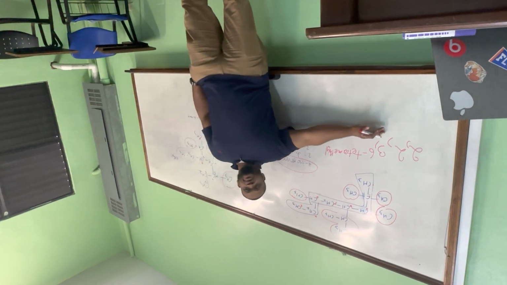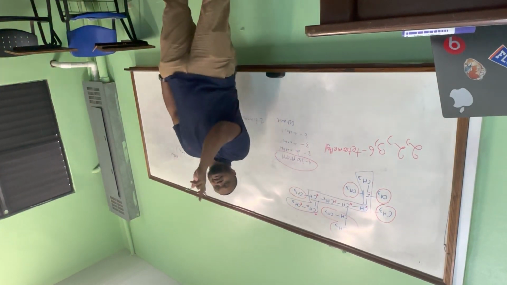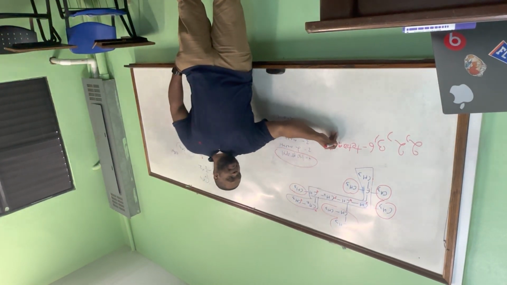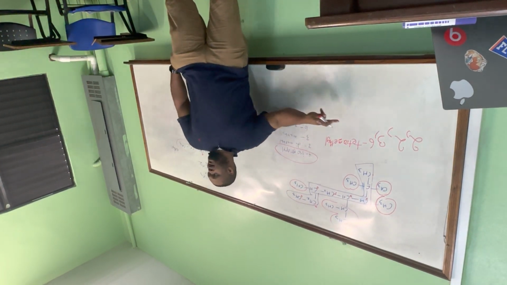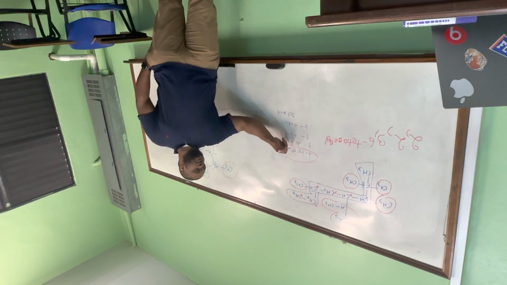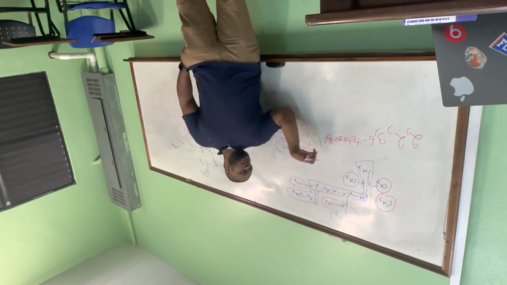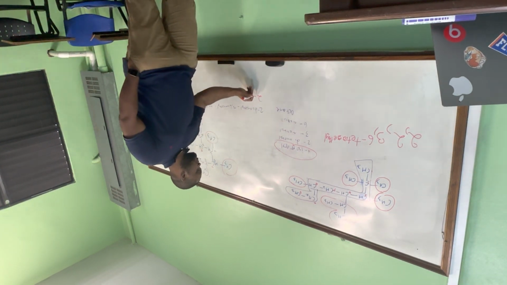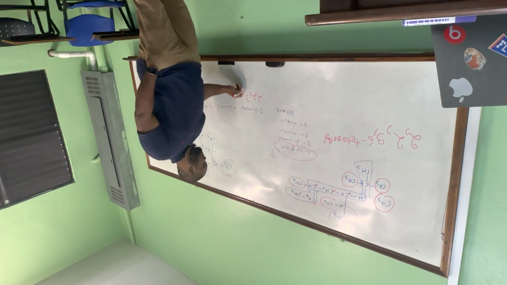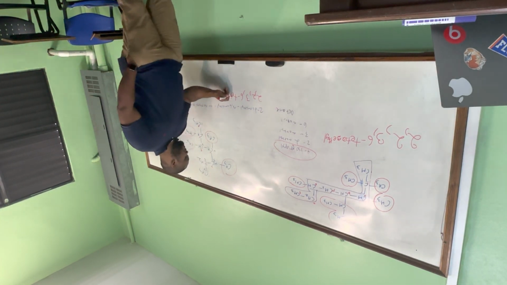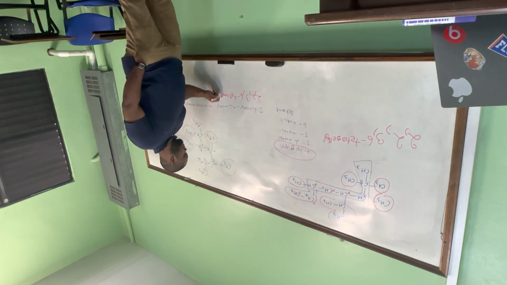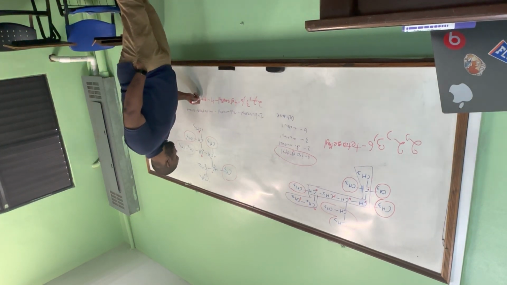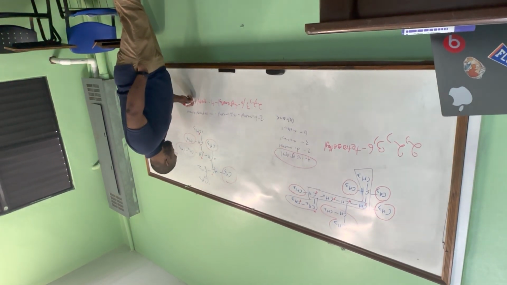Tetramethyl comes first because you do the alphabetical order on the M, not the T, just like we do it on the P, not the I. So how we name this is 2, 2, 3, 6 tetramethyl 4-isopropyl octane.